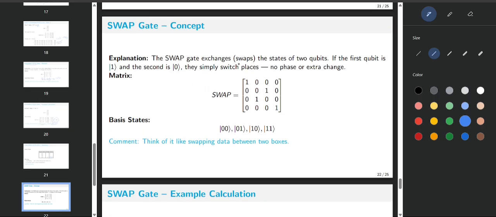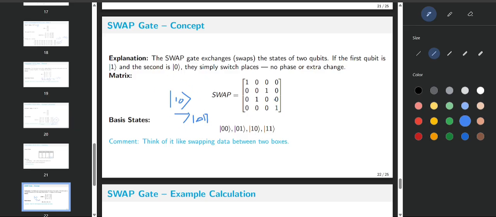Now moving on to one more gate, that is nothing but the swap gate. What happens here is that it literally swaps 2 qubits. For example, if you have a qubit 1 0, it just swaps it, and you end up getting 0 1.